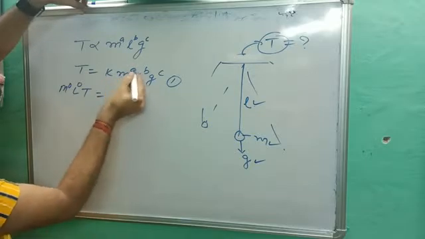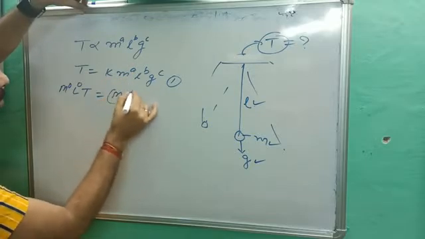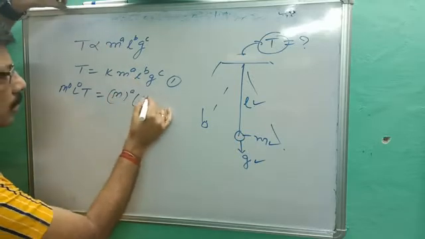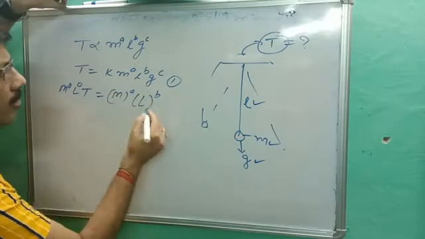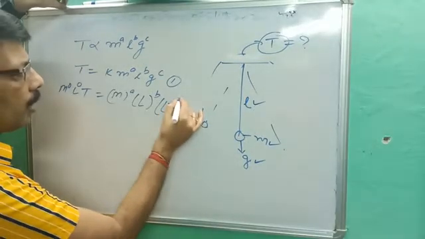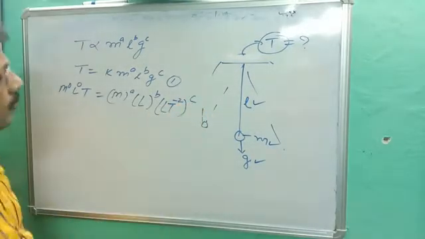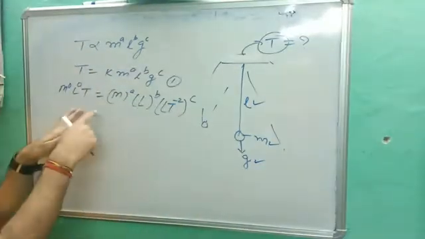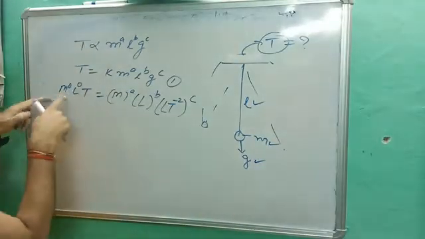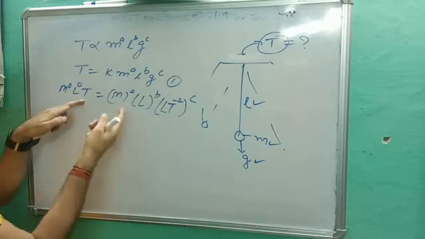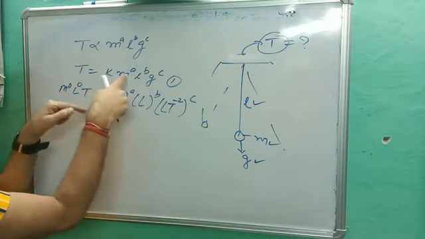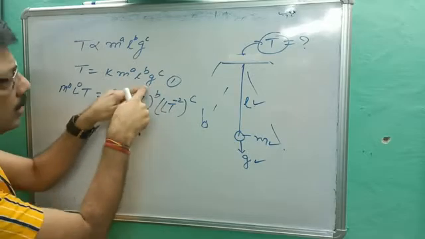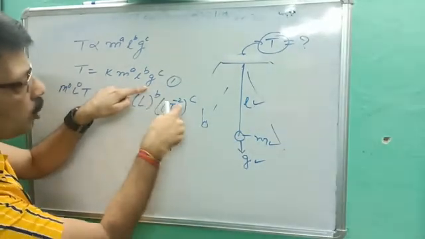For m, the dimension is M^a. For length, L^b. And g is acceleration, so (LT^-2)^c. Because we are studying the application of the dimensional formula, we have to write the dimensional formula.